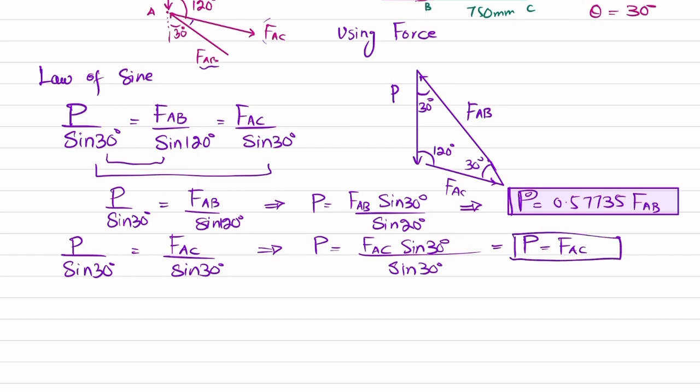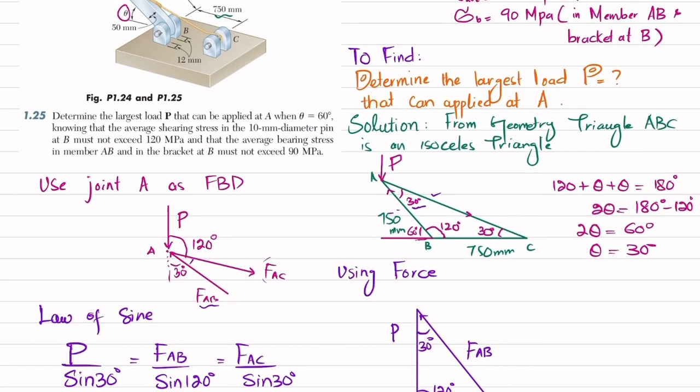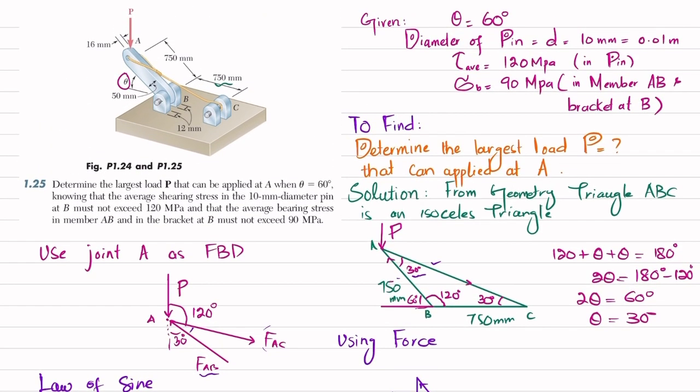We are interested in finding P. We have the bearing stress in these members, shearing stress in this pin, and bearing stress in these brackets. So we will take FAB in our calculation, and we will first find FAB.